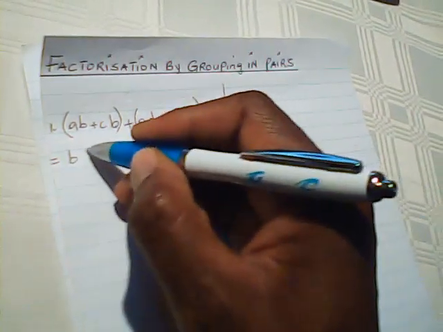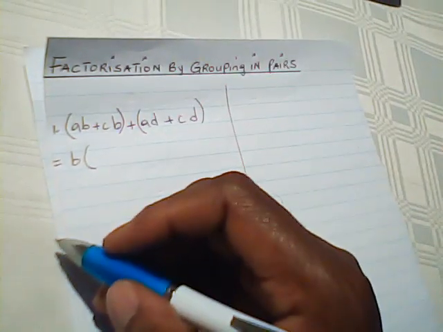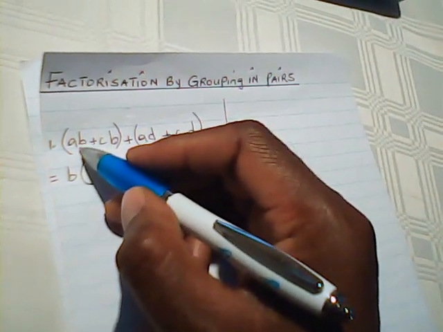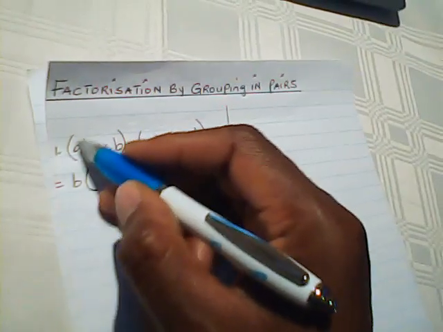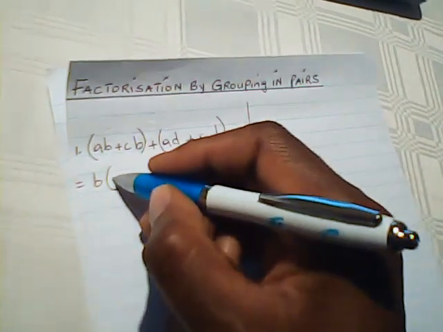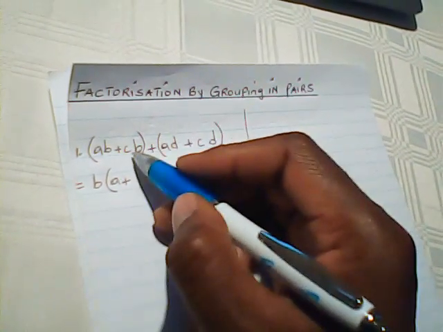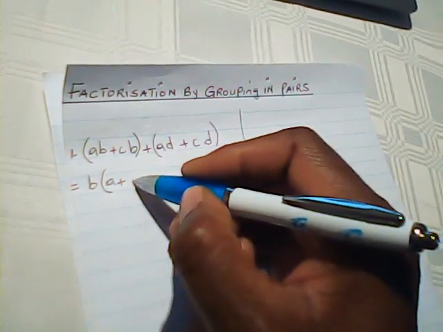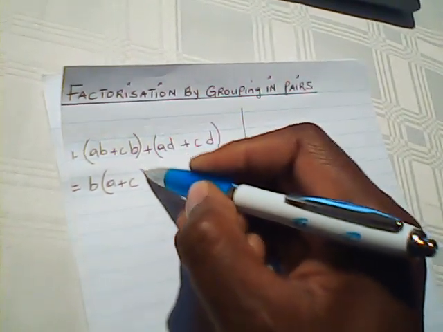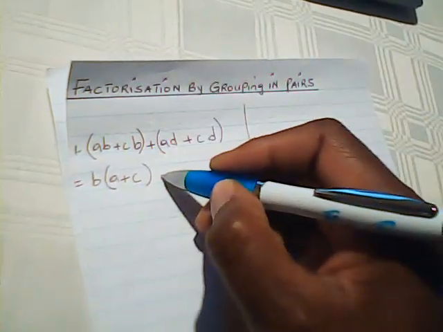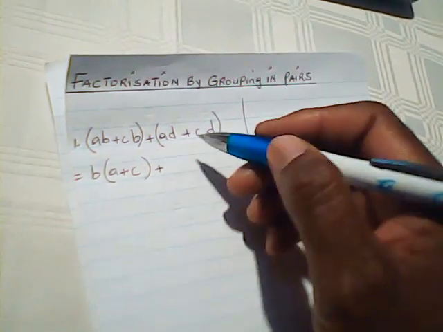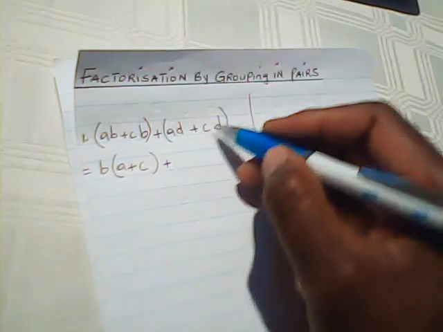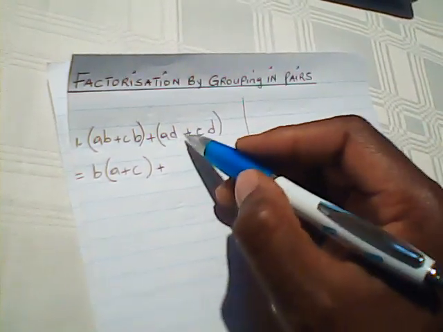You've got b, but what are you left with? You're left with a here. We are left with a plus, in this case, c. Then you close. Then you do the same on the other set of brackets.